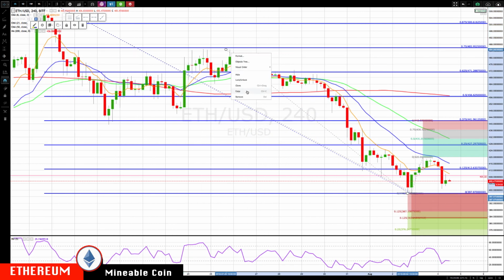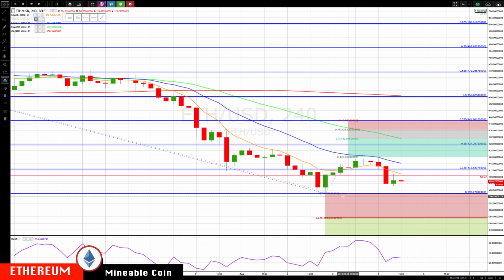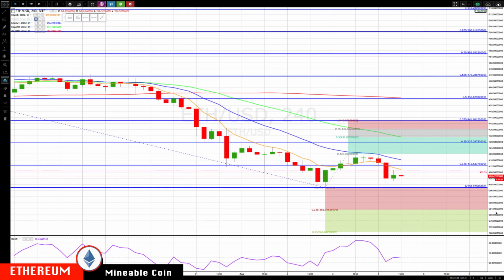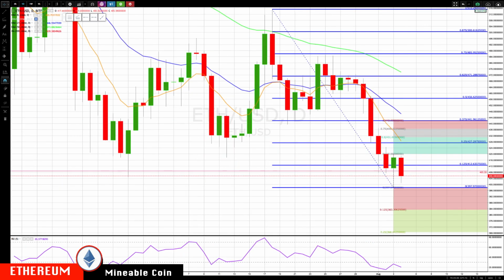So let's just look at these major levels quickly. All right, so major levels coming in here. There we go, that looks better. If we break through this 398 level, then the major level will be looking at 383 and then 368 to the downside. Now let's switch over to the daily.